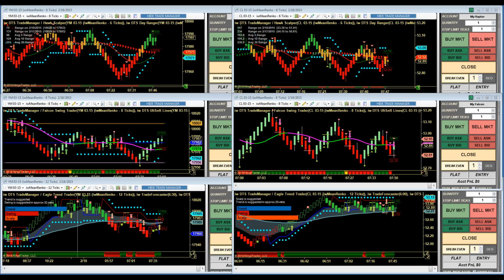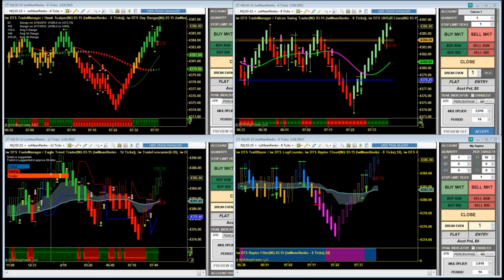There we go. And what I do is, say if I get a scalp signal and I need to make the trade, I just enlarge the chart. But I can actually monitor two different markets that way. Okay, I think that came through.